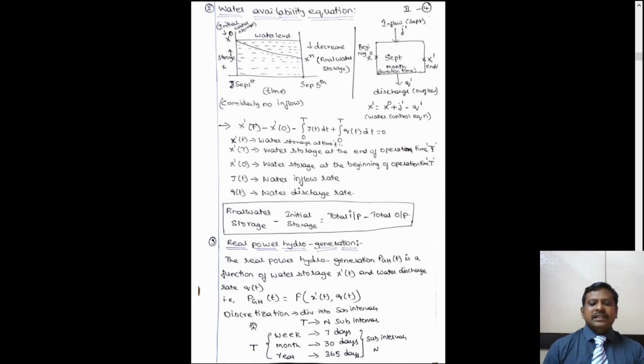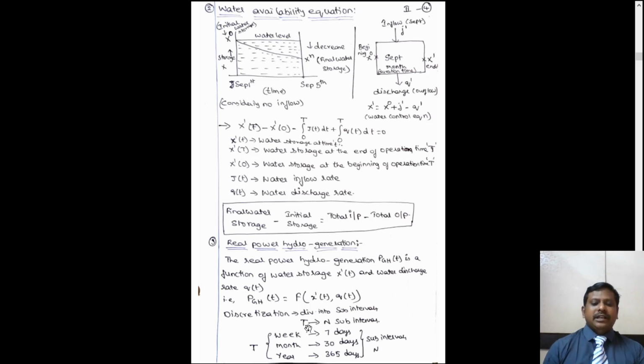Discretization means cutting into parts or dividing into parts. So here we are dividing into subintervals. For example, if you consider a day, you can classify it as 7 a.m. to 10 a.m., again 10 a.m. to 12 p.m., again 12 p.m. to 3 p.m., like that.